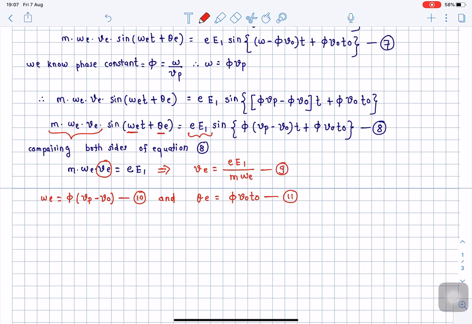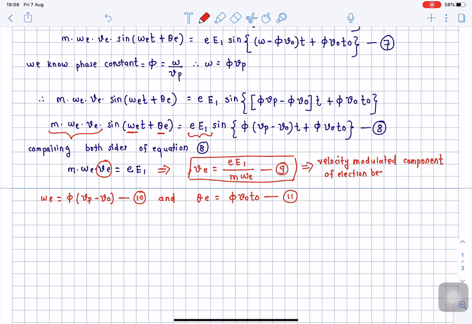Equation number 9 is of particular interest for us because Ve, equation number 9, indicates the velocity modulated component of an electron beam.